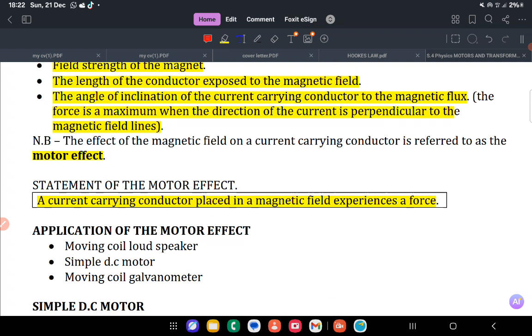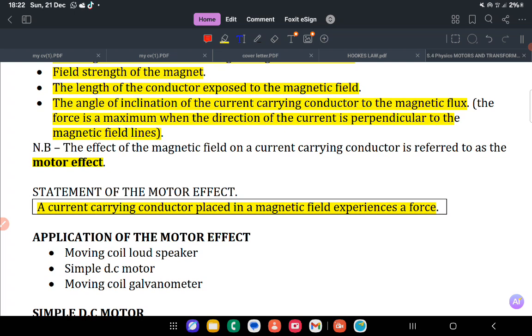This effect can be applied in a number of places. Namely, it is the basis for the working of a loudspeaker, which we are going to discuss later. It is a basis for the working of the DC motor. It is also a basis for the working of a moving coil galvanometer.